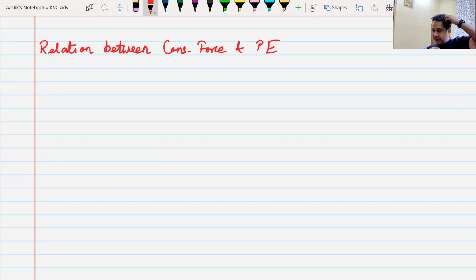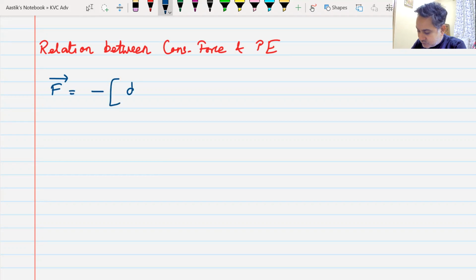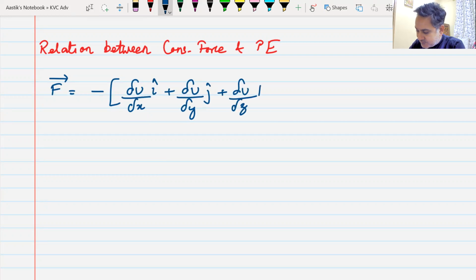We'll straight away write the relation. Conservative force F vector is minus of del u by del x into i plus del u by del y of j plus del u by del z times k.